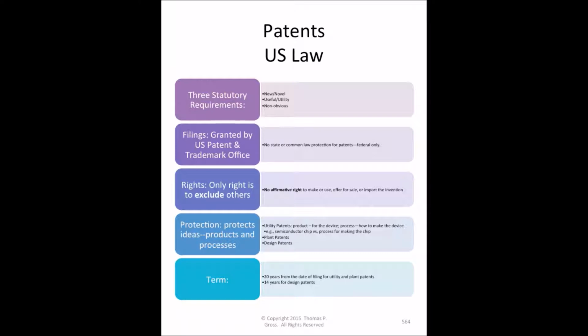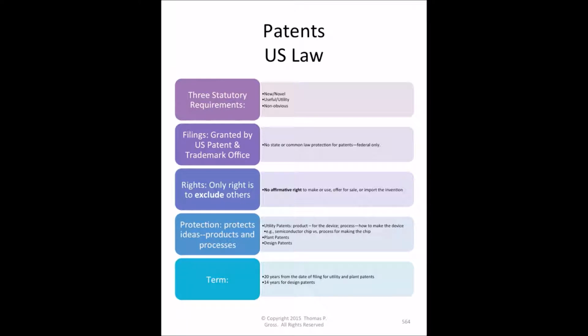Okay, so again, patents are reviewed, and decisions on granting, limiting, or denying are made, by the U.S. Patent and Trademark Office. This is a federal program, constitutionally authorized in the U.S. Constitution. There are no state patents, only federal patents.